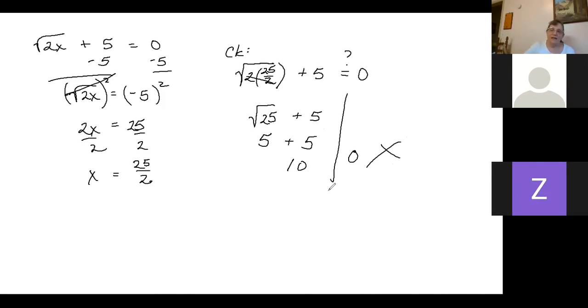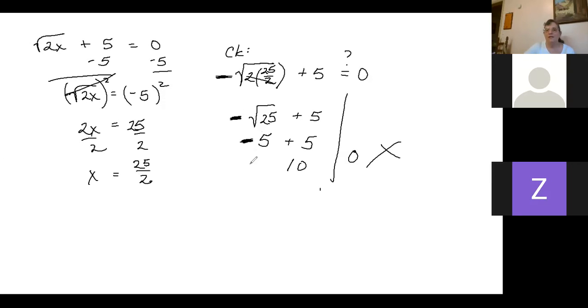Now, how do you figure out whether I did something wrong or whether this is what they call an extraneous root? Well, an extraneous root is the one that would have worked if the sign in front of the radical had been different. If it had been the negative square root, then this would have been a negative square root of 25.